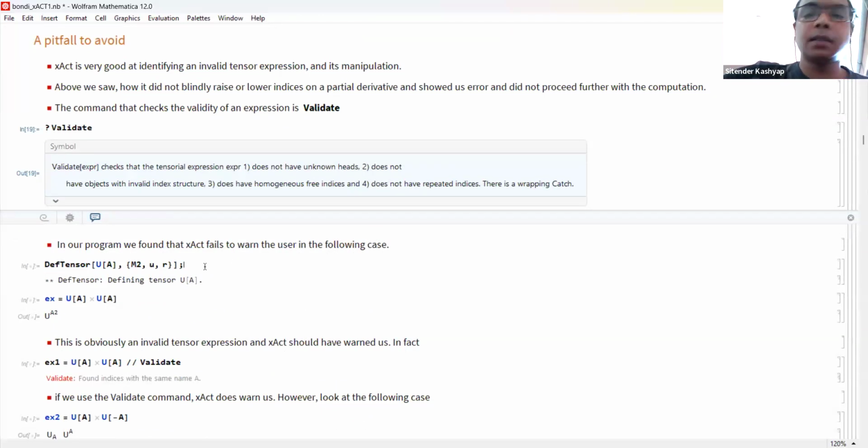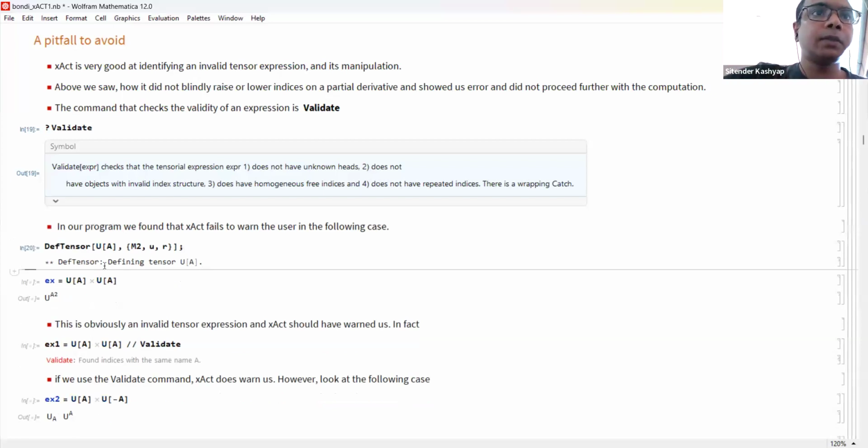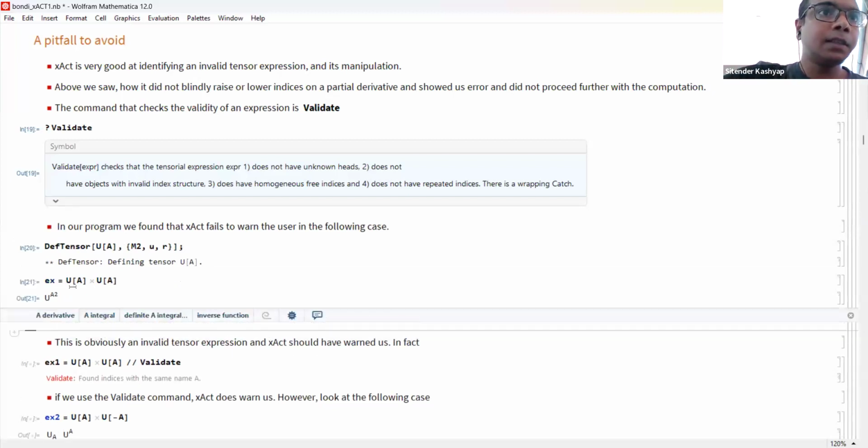So let's define this tensor UA, which is in the Bondi metric. Let's define a quantity EX. See, this is a product of two contravariant tensors, and this obviously is nonsense, because in general relativity this does not make sense, and xAct is not warning us either.